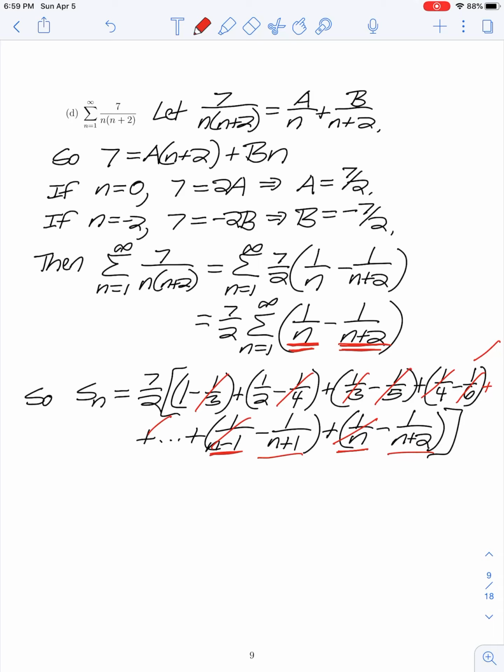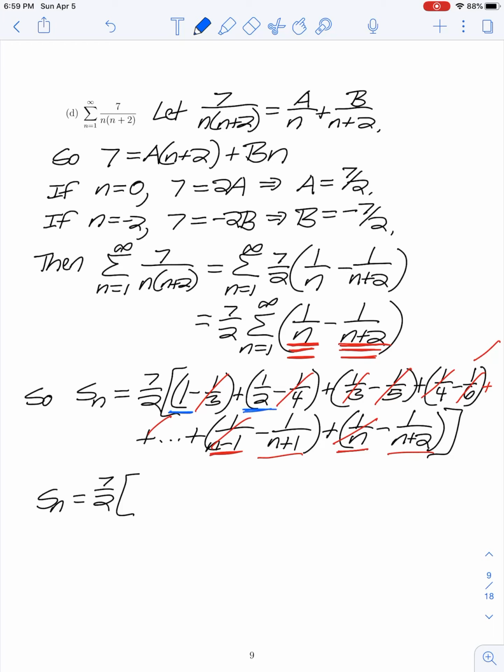So in this example, where our subsequent terms which are canceling each other are 2 units apart, we would have s sub n involves a few more terms than what we previously saw. So we have a 7/2 times, well, let's look at which terms we're left with.